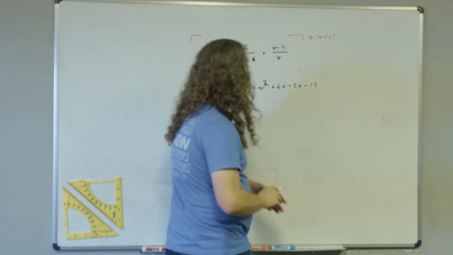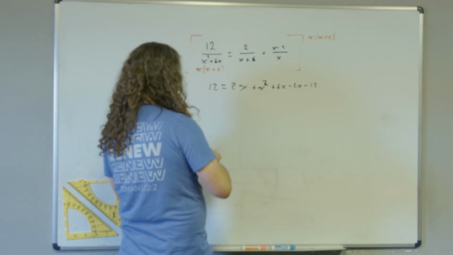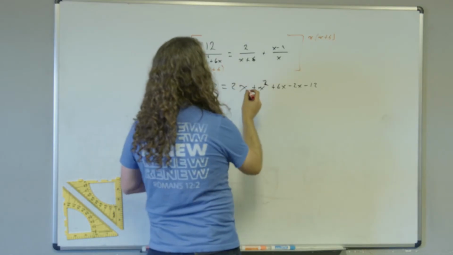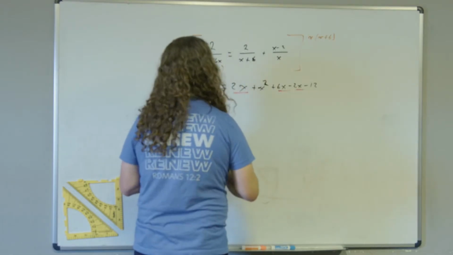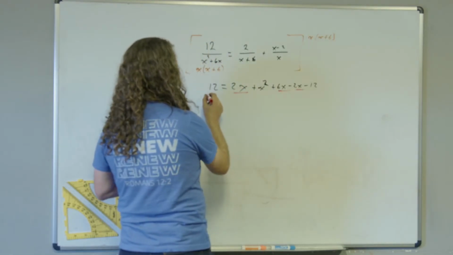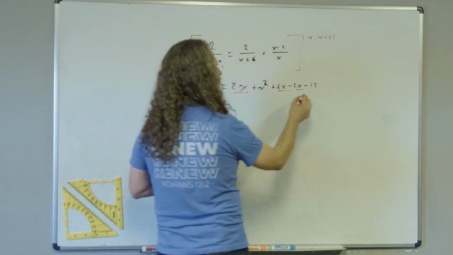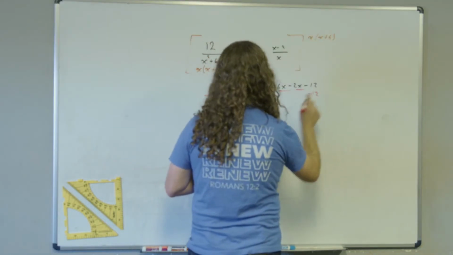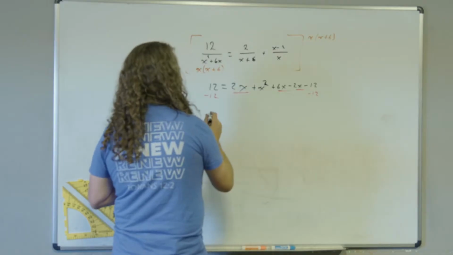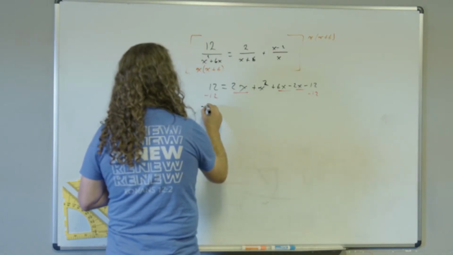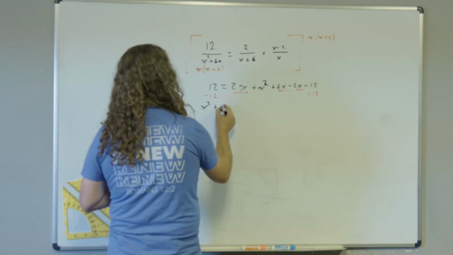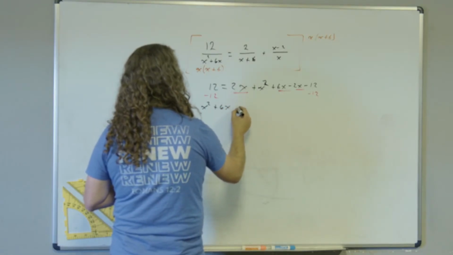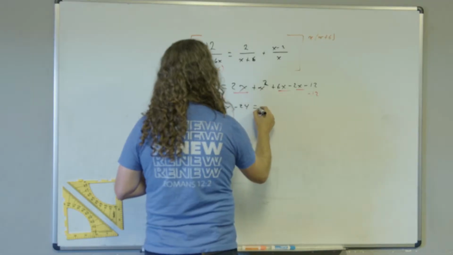It's also the same number of steps either way. And we can subtract 12, because why not? Minus 12, minus 12. And we've got x squared plus 6x minus 24 equals 0.